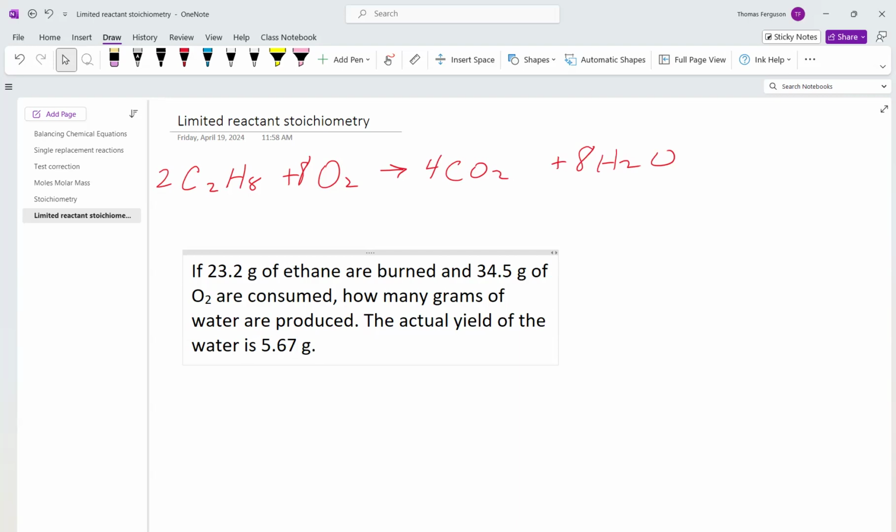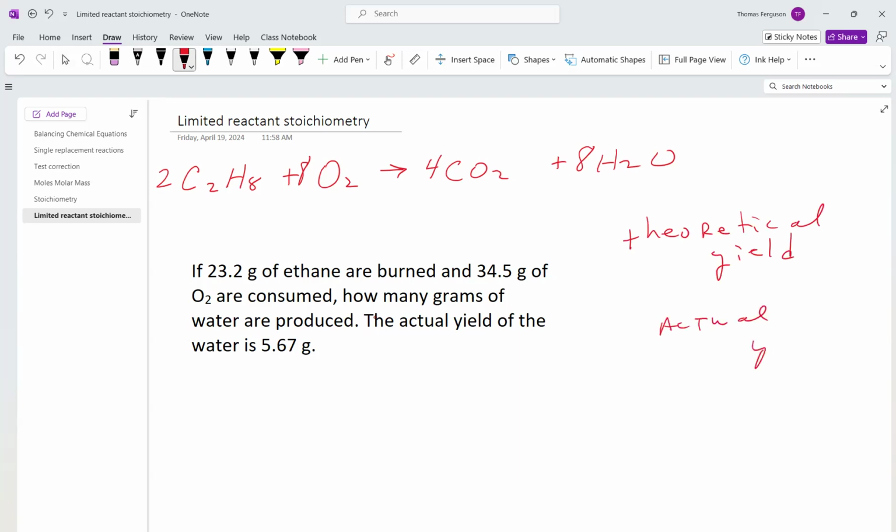We have two new terms that we haven't really talked about, and that is these three terms: theoretical yield, actual yield, and percent yield. Now, a good friend of mine is a general manager of a Union Carbide chemical plant. They produce pesticides.